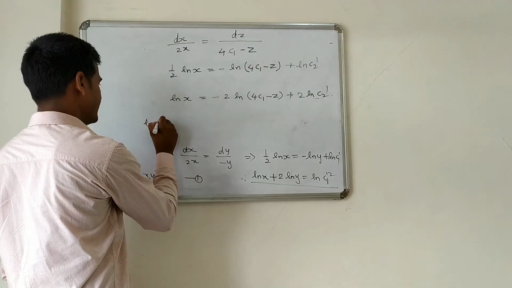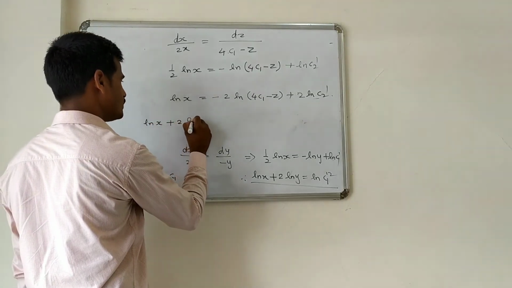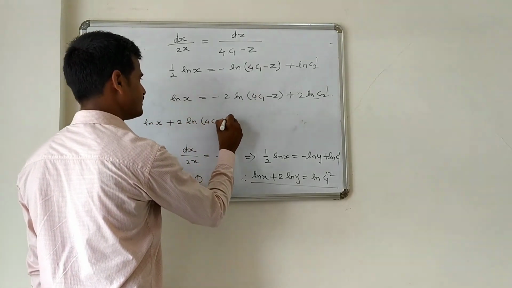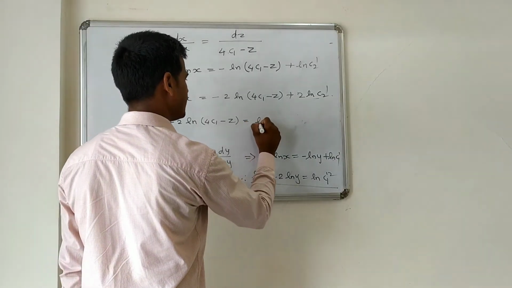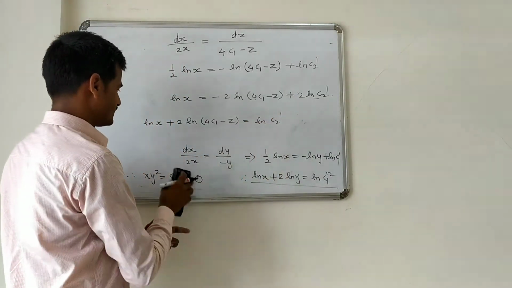Now ln x plus 2 ln 4c1 minus z is equal to 2 ln c2 dash.